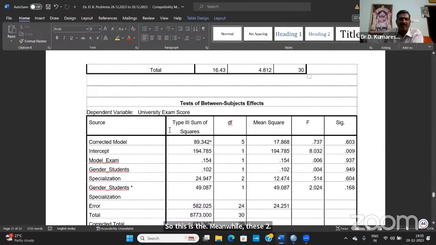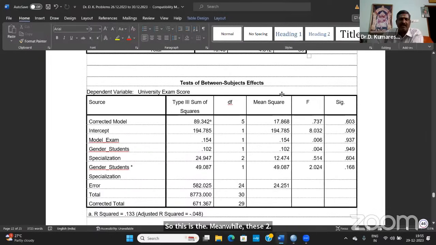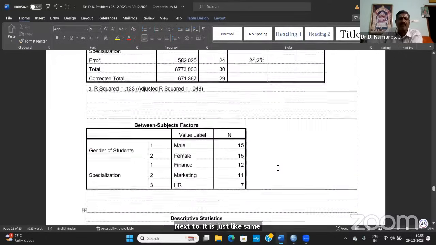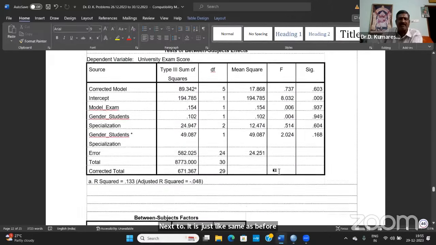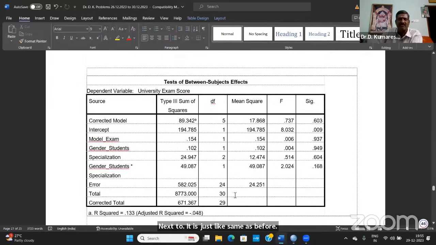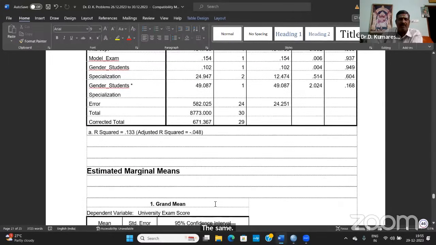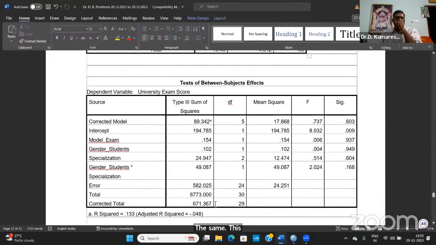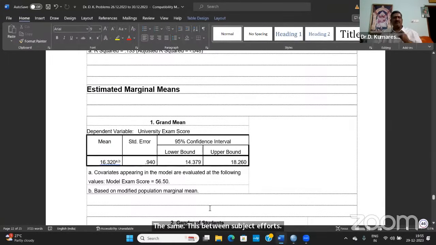Now we come to the next one. It is just the same as before. The same result. Now this one, between subject effects. But estimated marginal means are there. So overall 16.2320.